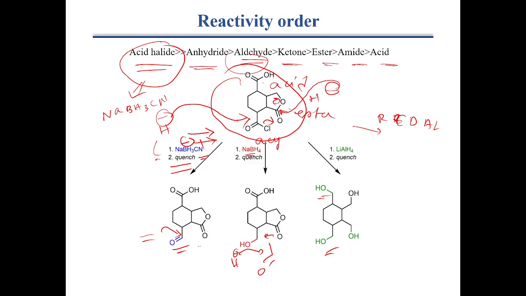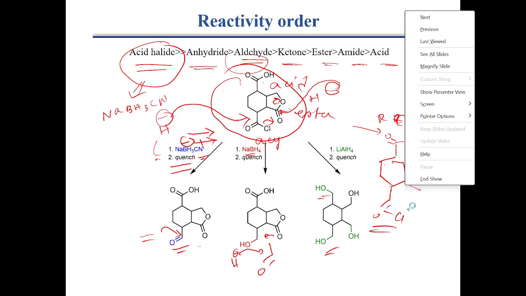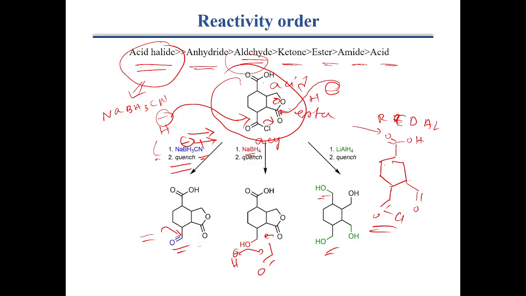First the reaction happens with acyl chloride, then this ester. Now one equivalent of lithium aluminum hydride has four hydride sources, so this hydride also reacts with the aldehyde, giving the alcohol. This is the general reactivity order.